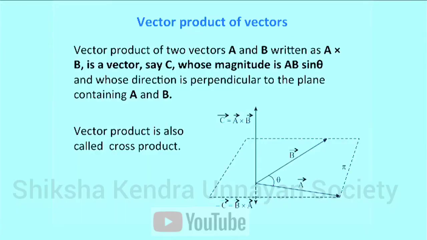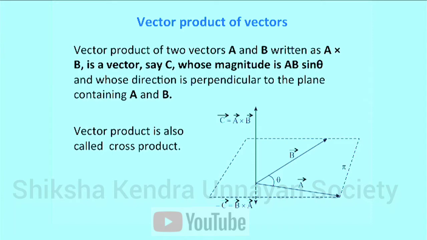Vector product of two vectors A and B, written as A cross B, is a vector, say C, whose magnitude is AB sin theta and whose direction is perpendicular to the plane containing A and B. You can see from the figure the vector product of the two vectors A and B is equal to another vector C, which is perpendicular to the plane containing A and B. This is the plane which is in dotted line, and the vector C is equal to A cross B and is perpendicular to the plane containing A and B.